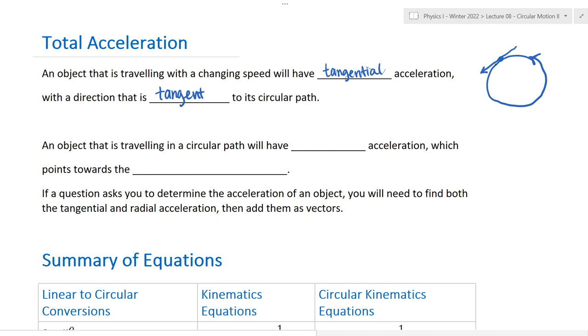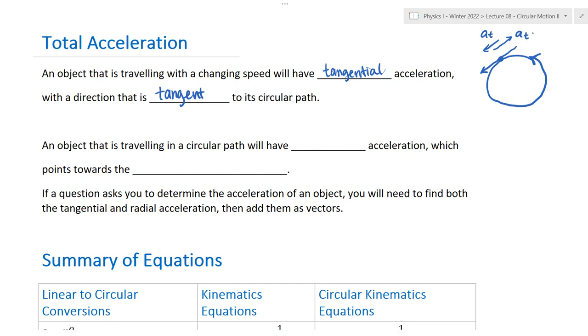If you are speeding up, then your tangential acceleration would point in the same direction that you're moving. And if you're slowing down, then your tangential acceleration would point in the opposite direction that you're moving. This only happens if you are speeding up or slowing down.